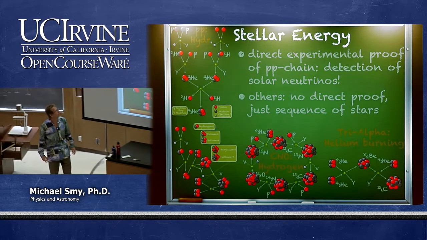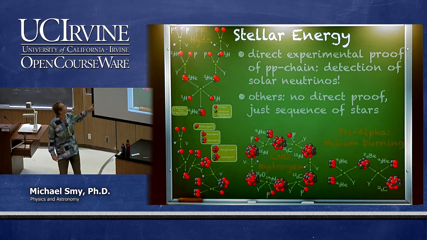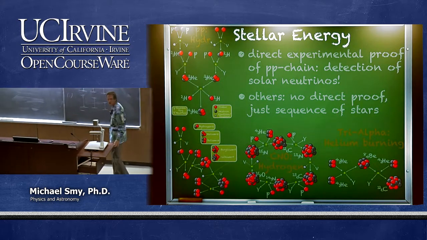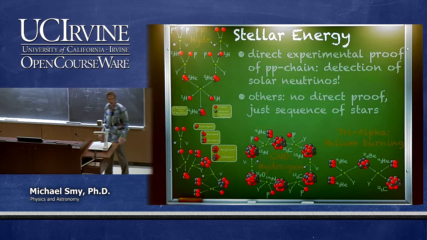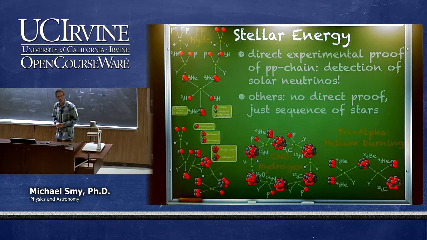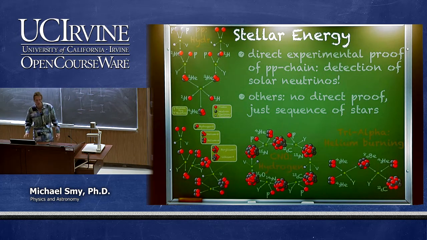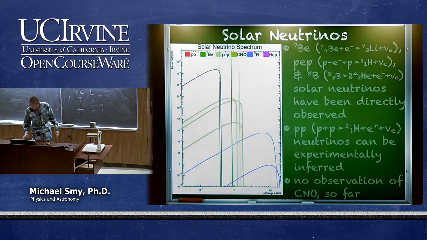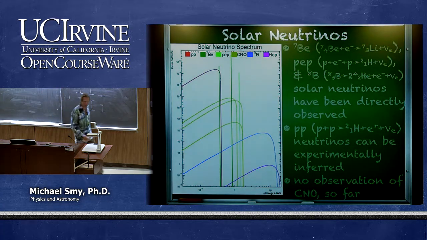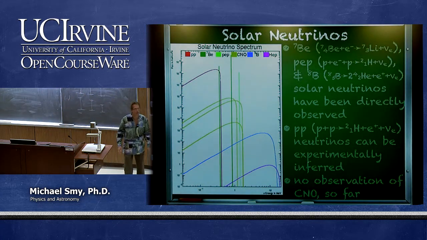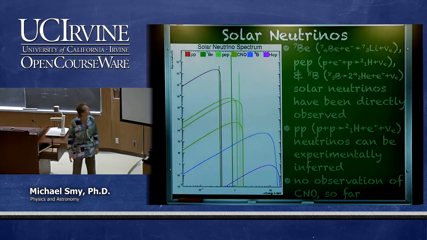And there's actually direct proof of this PP chain process, because the neutrinos that are made in the reaction are very penetrating. They can even get out of the core of the sun. And they have been measured on Earth, first by the pioneer Ray Davis.